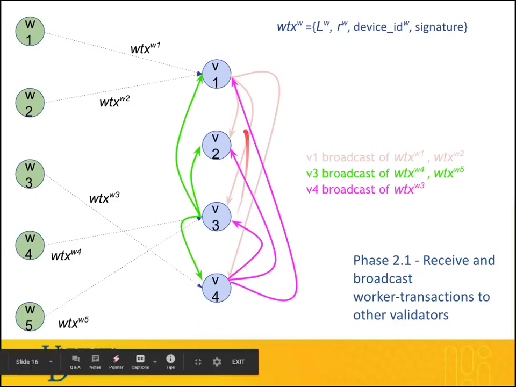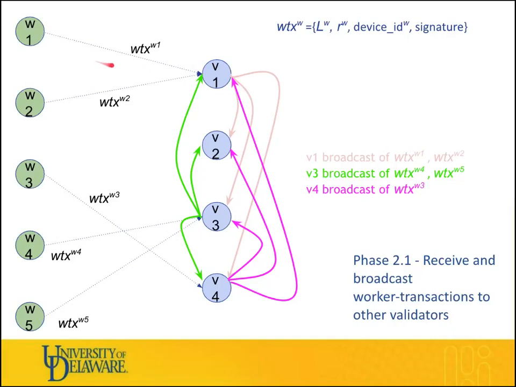For example, as W1 sends WTX W1 to V1, upon receiving this WTX W1, V1 would immediately broadcast it to V2, V3, and V4. Likewise, V1 would do the same broadcasting for WTX W2 as well. V2, V3, and V4 have to follow the same broadcasting rule for their received worker transactions as well.